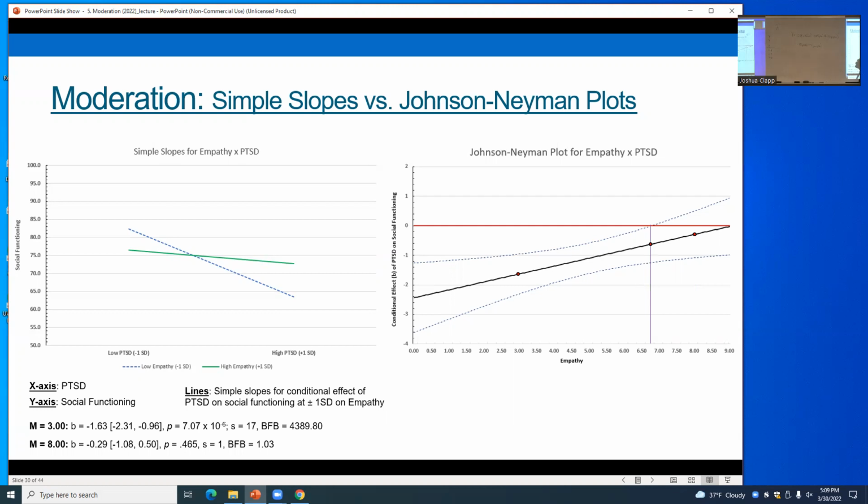So as you increase empathy, higher or lower, if I want to know what the effect of PTSD on social functioning is at average levels of empathy, it's going to be the bisection of this. It's just a straight linear function. We can ask whether there's a linear relationship there, but that gets into a whole different type of thing, and it's where we're at with this.